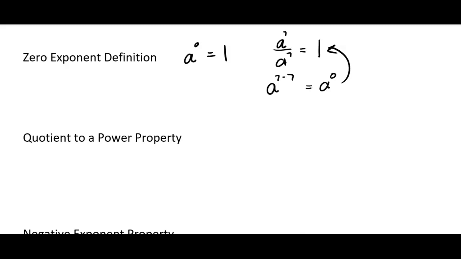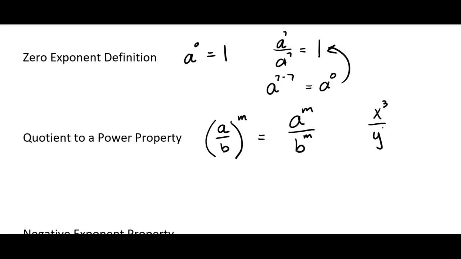Quotient to a power property. So let's say you have division, but the bases are different, and then you've got an exponent out here. Then they each get that exponent. So it's a to the m over b to the m. So for an example, let's say I have x to the 3rd over y to the 5th, and I want to raise that whole thing to the 4th power.